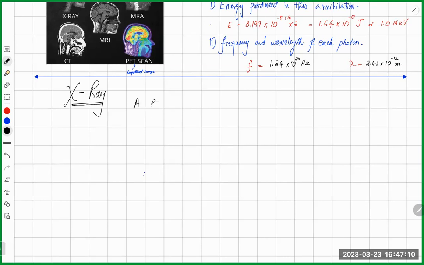A fast moving electron is decelerated by a metal target.